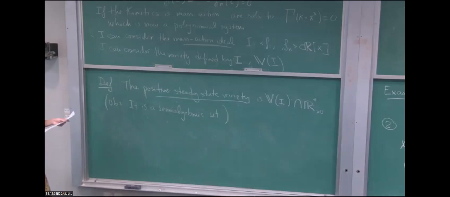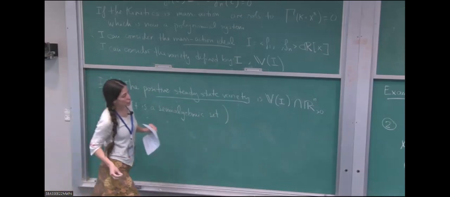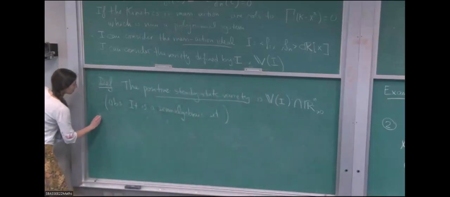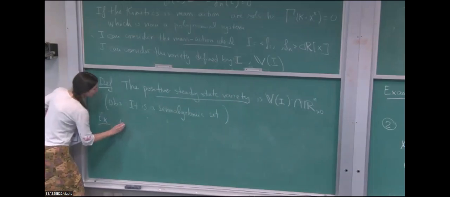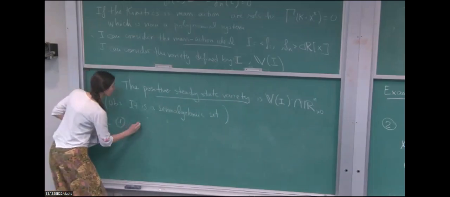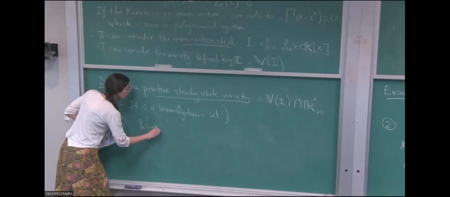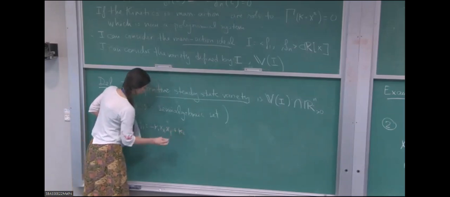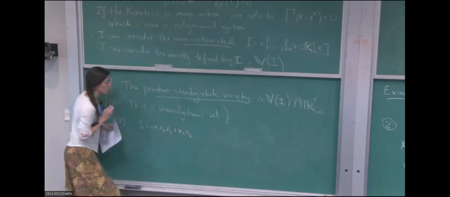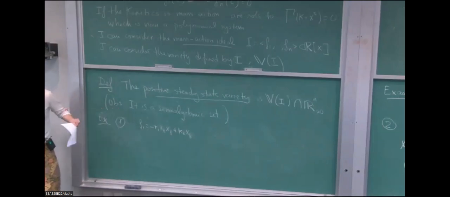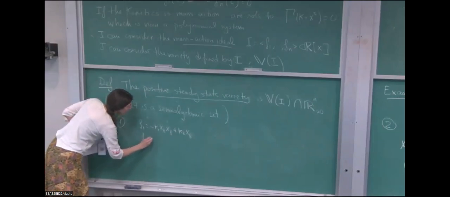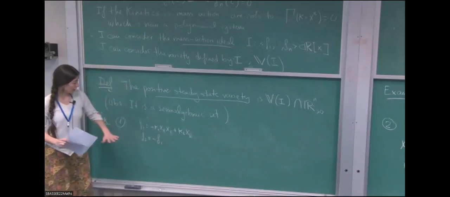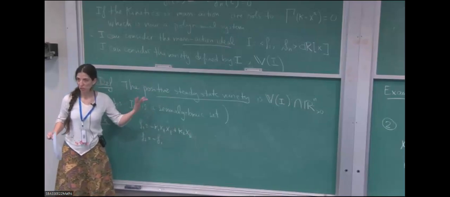And just to see the examples, even if I just erase the other one. So in the first example, I had equation 1 equals this, and the second one was minus this one. So if I want to look at the algebraic variety, I can forget about this one because it is just redundant.